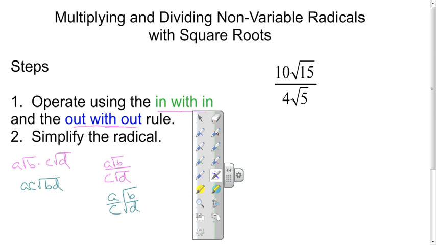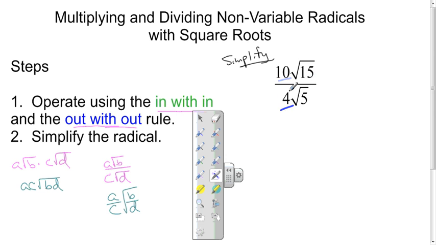Here we will try to simplify 10 root 15 over 4 root 5. So it's a division problem. Again, I'm going to match my in within and my out without.